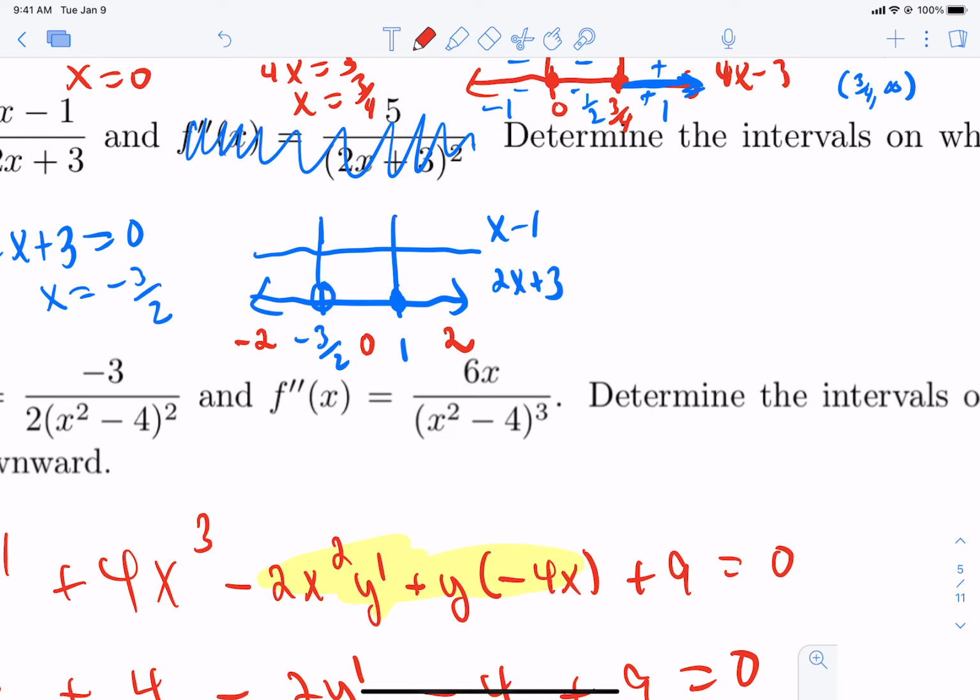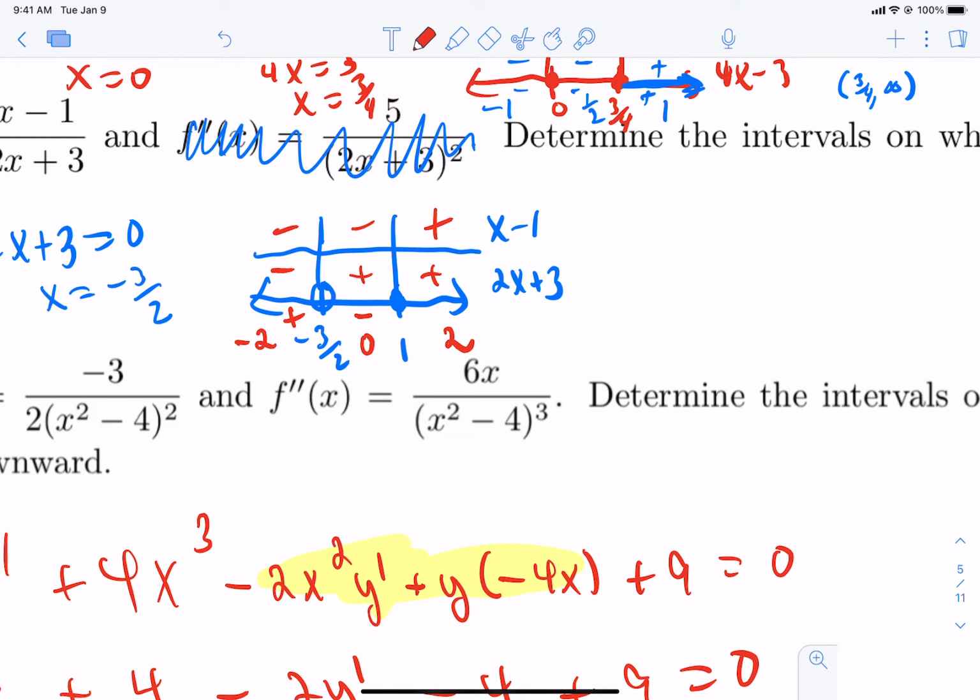Let's plug in everything to the top. We get negative, negative, positive. Let's plug now everything into 2x plus 3. We get negative, positive, positive. And now let's divide them. Well, if we have a negative divided by a negative, that's a positive. A negative divided by a positive is a negative.